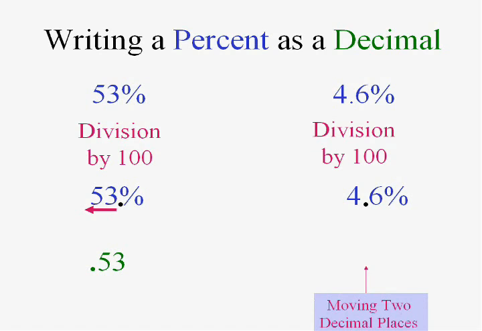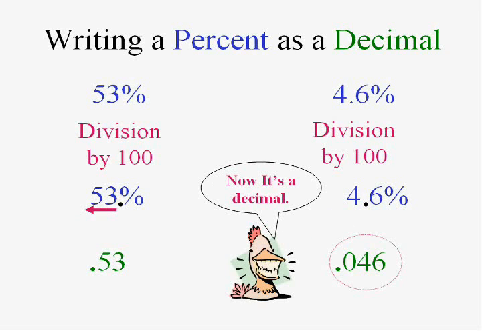Now we don't have 2 places, so we have to create one. And you have there 46 1,000ths, which is really 4.6 100ths, or 4.6%. And now you have it as a decimal. Got it?